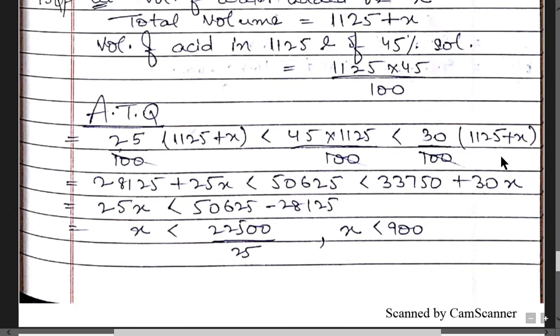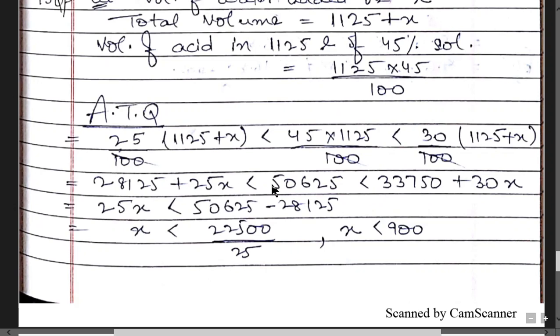You can cancel 100 from all the terms. 25 multiplied by 1125 gives us 28125, then 25x. 45 multiplied by 1125 is 50625, then 30 multiplied by 1125 is 33750, then 30x.